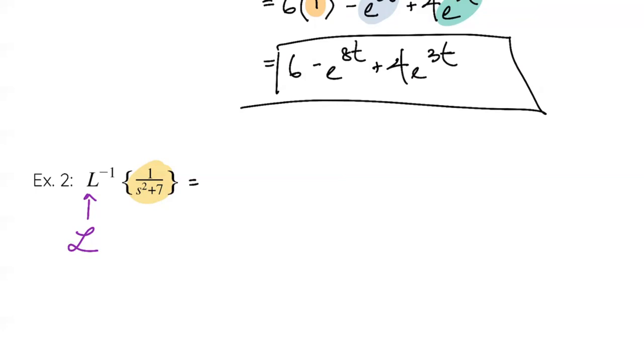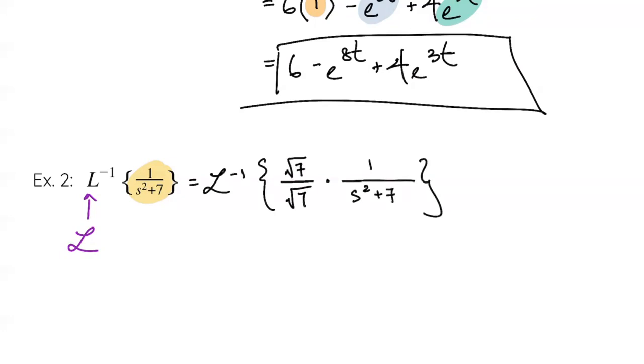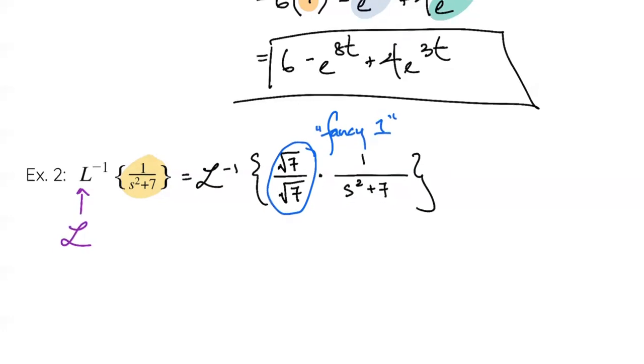And so here's what I mean by that. We're going to do the inverse Laplace. I'm going to multiply by 1, in a very intentional way. I'm going to multiply by square root of 7 over square root of 7. So all I'm doing is saying 1 in a very fancy way, in a very clever way that will help me move forward in this problem.